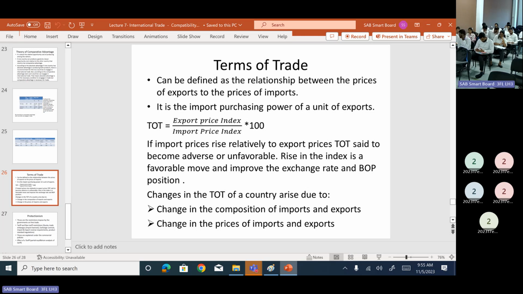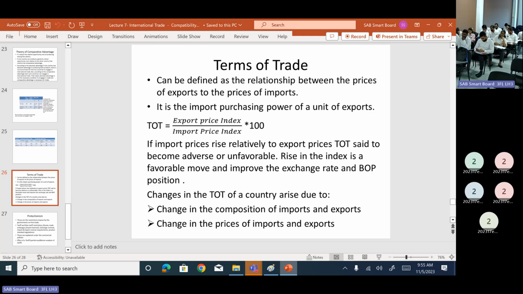So an increase in the terms of trade is good, because it implies the export price index increases compared with the import price index. If this rises, that is a favorable move.